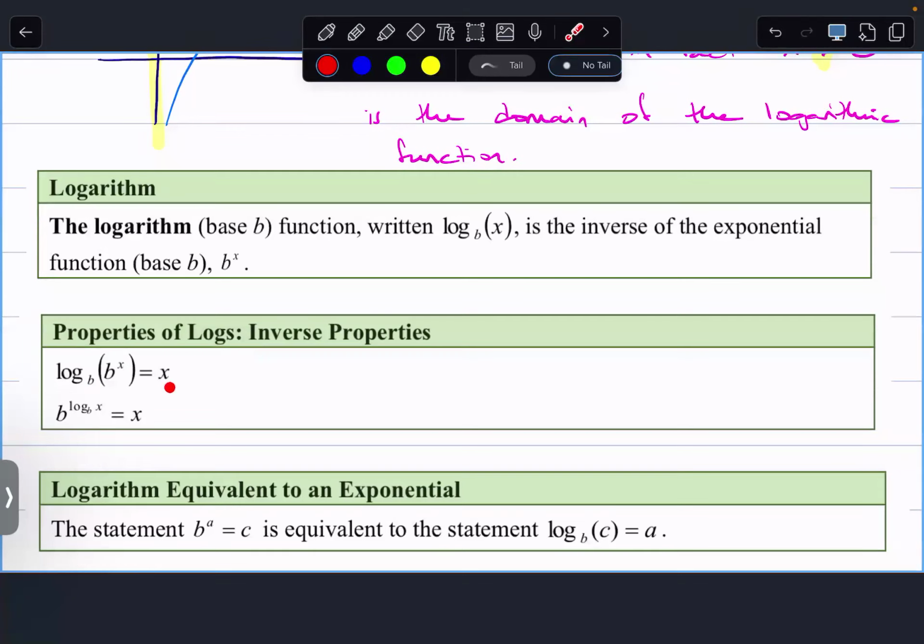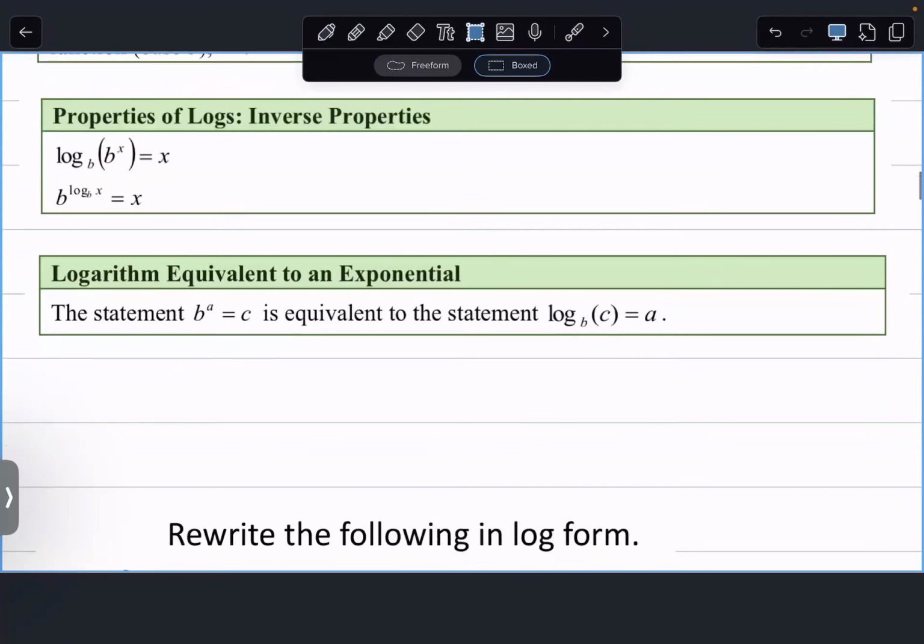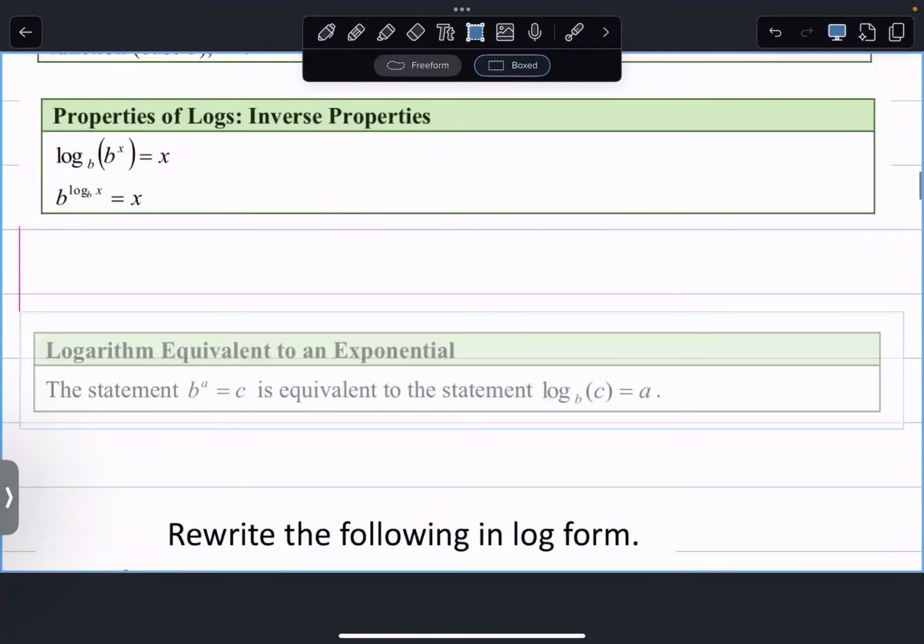I like to read it as, let me just copy this here, make myself some room.